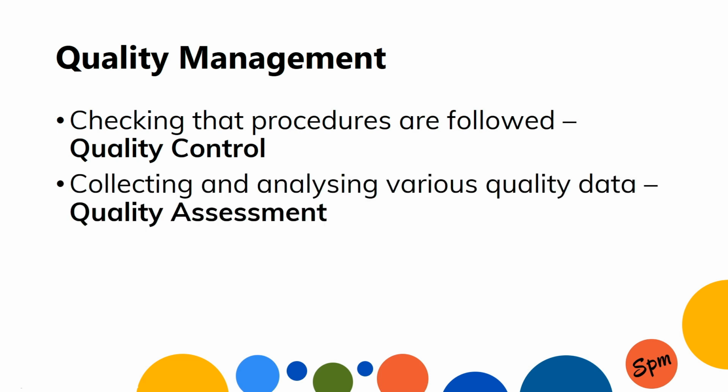And the last part is quality assessment. Quality assessment is collecting and analyzing various quality data and comparing it with the standards we have defined to check whether the final product meets the standard or not.